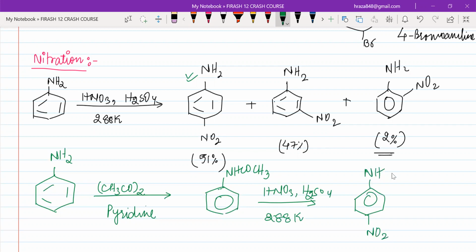And here it is amide. To remove this amide and convert it into amine, we again will use OH minus and H plus, acid or base. This will be converted into this. And the name of the compound, it will be para-nitroaniline or 4-nitroaniline. So this is how we do nitration.